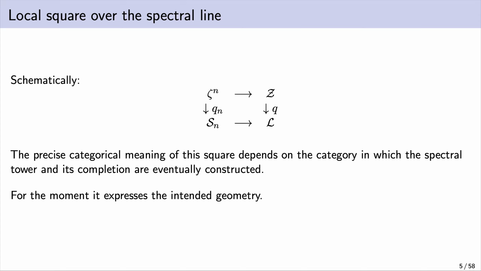If we go horizontally over to the right, we can map zeta of n by taking the inverse limit of the finite levels to get the entire zeta space, and then we can project down with Q once we get both the zeta space and the spectral line. As completed objects, we can project down and have that simpler map from Z to L.